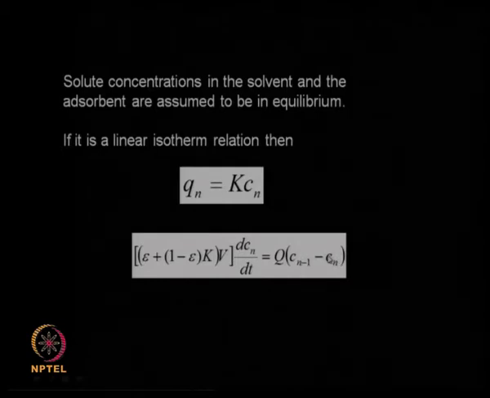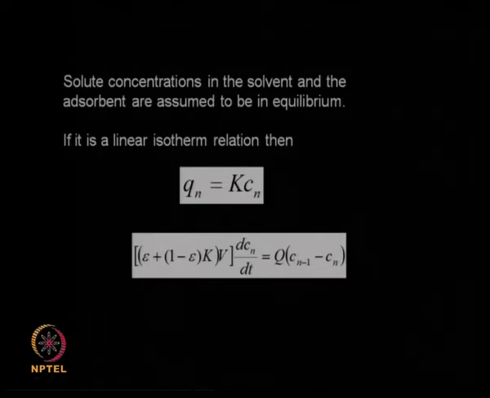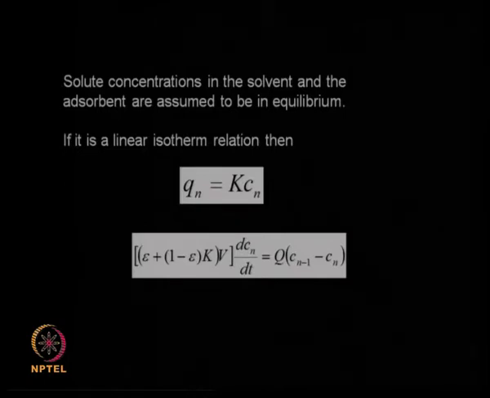Inside stage 3 this will become C3, this will become C2, this will become dC3 by dt and so on. So, for the first stage Cn minus 1 will be Cf, where Cf is the feed concentration. This is called a differential difference equation, because you are going to have many equations like this. This is the differential part, this is the difference part. So, there are many techniques to solve it.